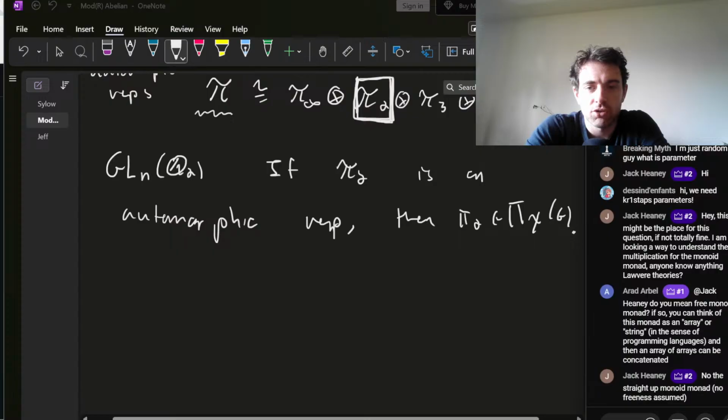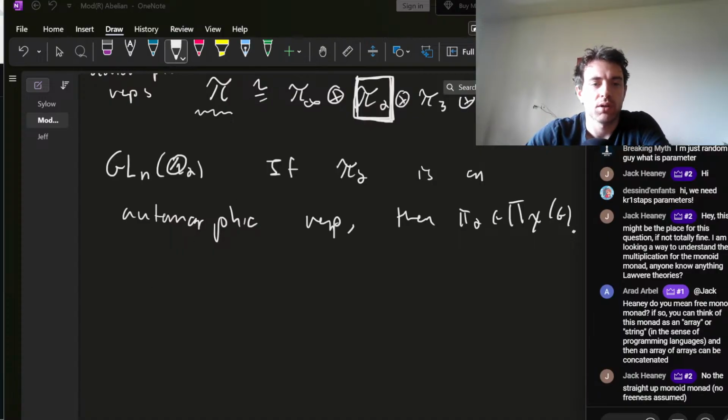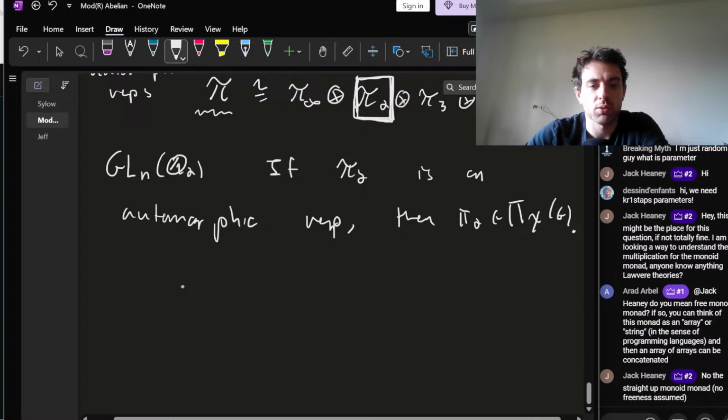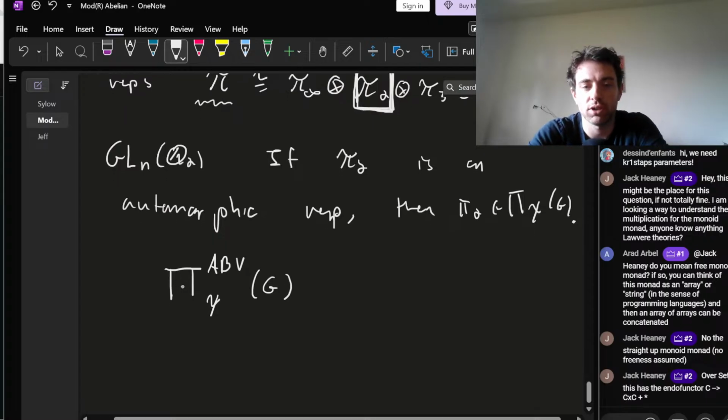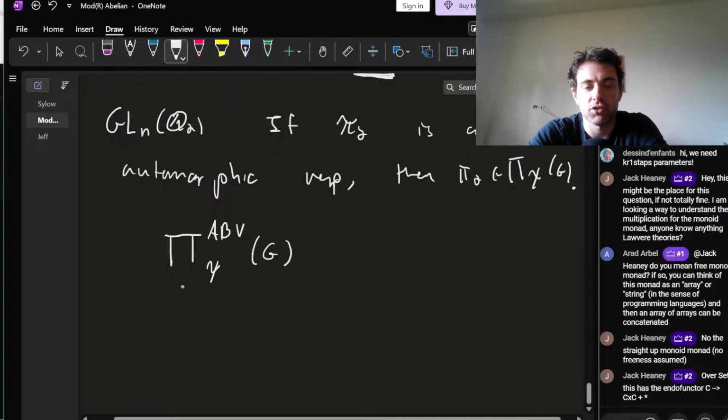But there's a conjecture of Vogan, which conjecturally says there should be this other way. There should be this other totally geometric way. So it's called an Adams-Barbasch-Vogan, an ABV packet, named after Adams, Barbasch, and Vogan, who originally proposed this in the real group's case.